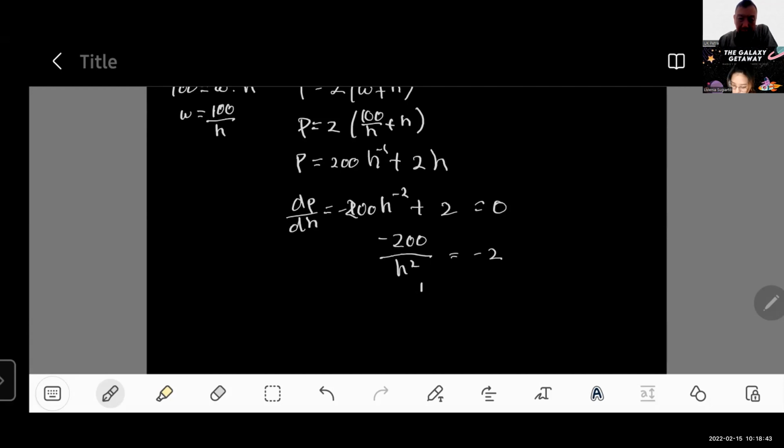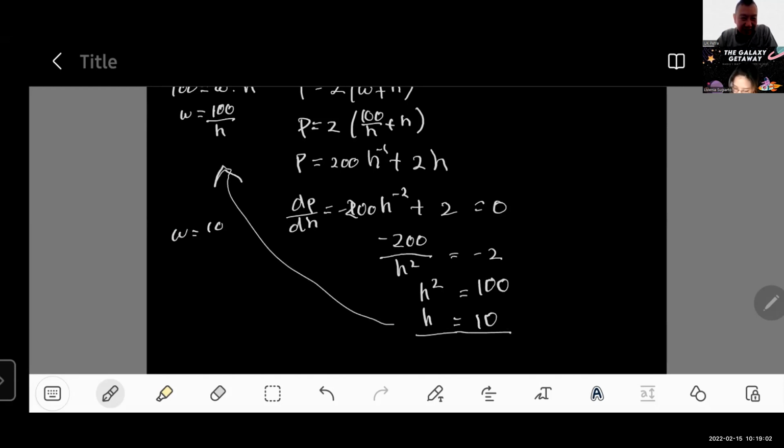So H squared equals 100. Correct. So H is 10. Very good. And then W is? Instead of 10, we go back to here, right? Here W, so 10, so it's also 10. Wow, super, very good, right?